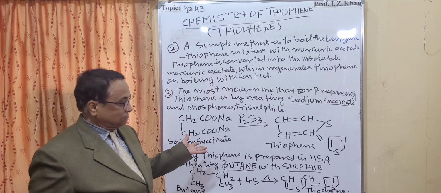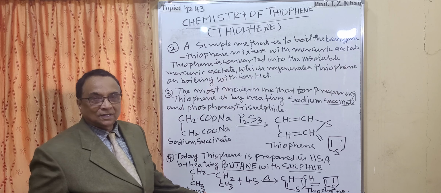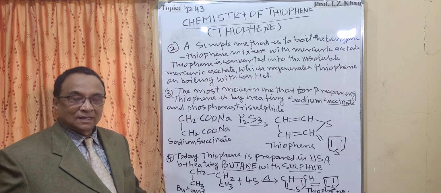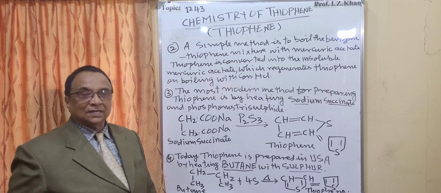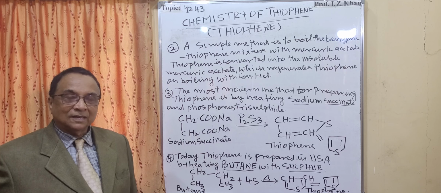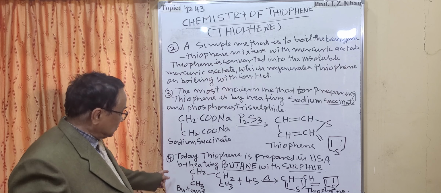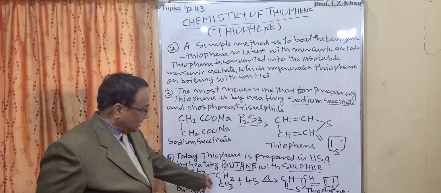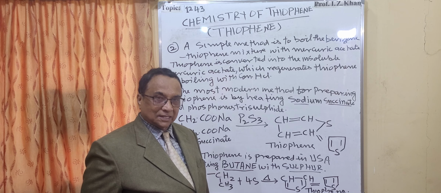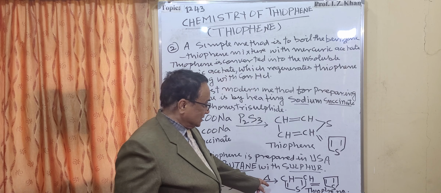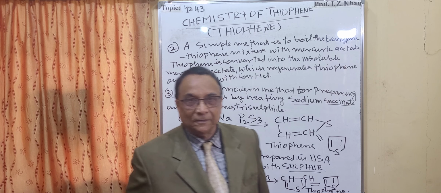It is a very simple method with C4 hydrocarbon butane, and when it is heated with sulfur, it is fully converted into the five-membered heterocyclic, that is thiophene. So the reaction is given. This is your butane, plus 4S sulfur, and then it is heated and fully converted into thiophene.